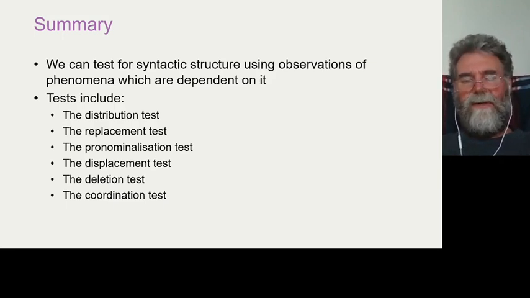Displacement test works on the idea that certain things can get moved around in a sentence, but it's only constituents that can do that. Deletion tests, more specifically for the verb phrase, that was a particularly useful one to show that the verb phrase consists of the verb plus the thing that follows it, because it's only those things that can undergo this kind of deletion, leaving part of the sentence out in order to avoid repetition.